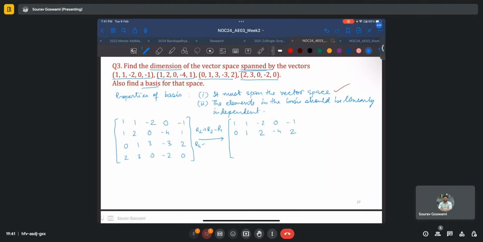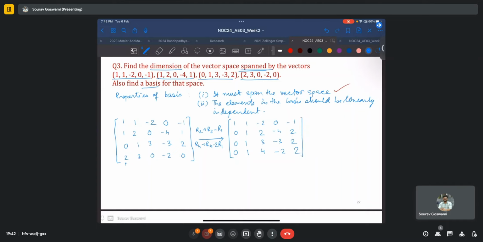R4 changes to R4 minus twice R1, as we want to eliminate this element right here. For the fourth row, 2 minus 2 is 0, 3 minus 2 is 1, 0 minus minus 4 is plus 4, minus 2 minus 0 is minus 2, and 0 minus minus 2 is 2.